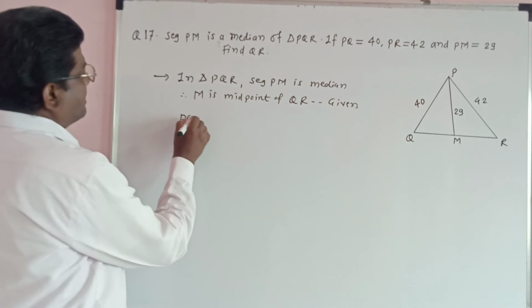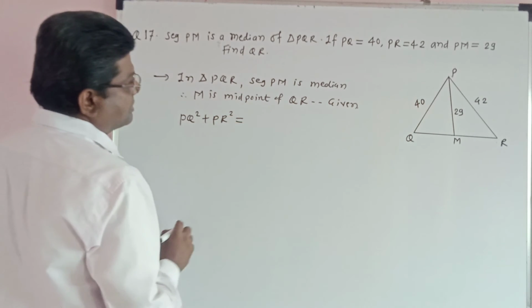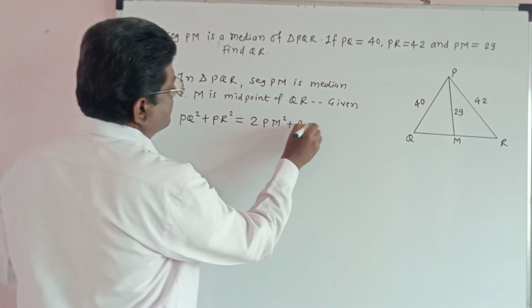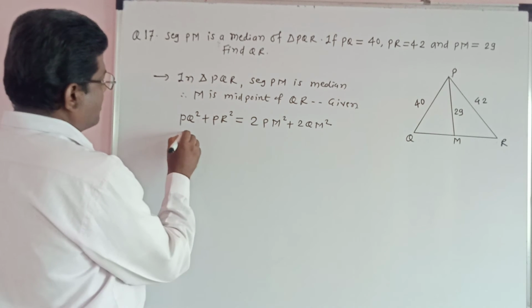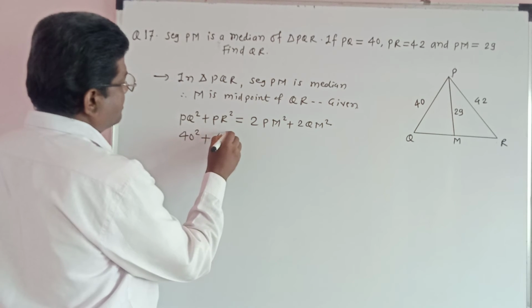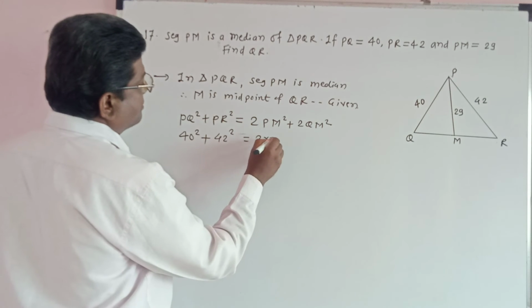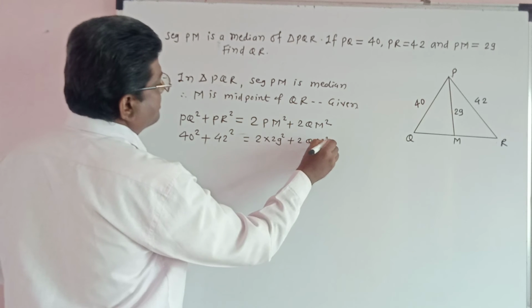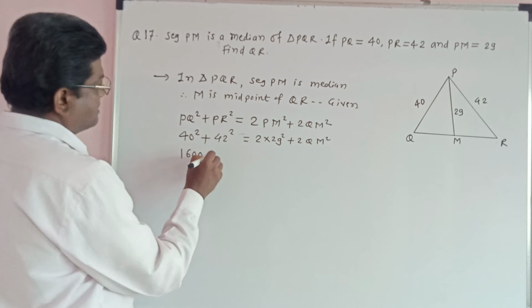So PQ, 40 square, plus PR, 42 square, is equal to 2 into 29 square plus 2 into QM square. 40 square is 1600.